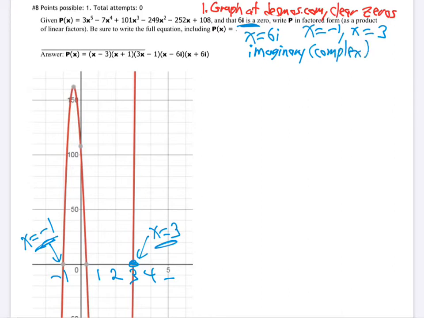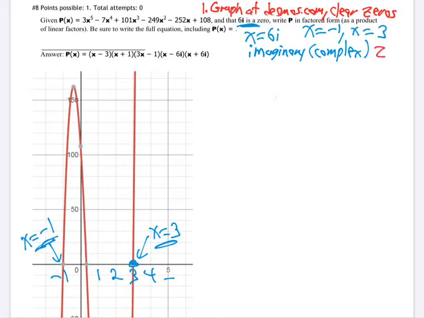An imaginary number, a complex number, has an imaginary and a real part to it. So this is really 0 plus 6i. Its real part is just 0. Its imaginary part is 6. That's a complex number. Complex meaning it's not simple. It's made out of 2 things, a real number 0 and an imaginary number 6i. So a complex number or imaginary, it's pretty much the same thing.